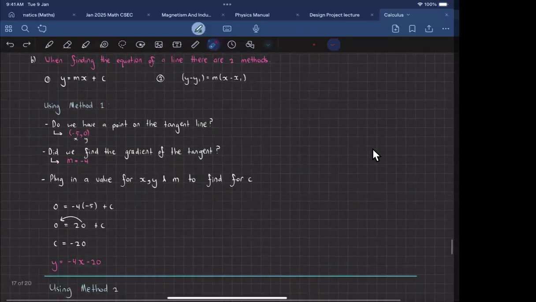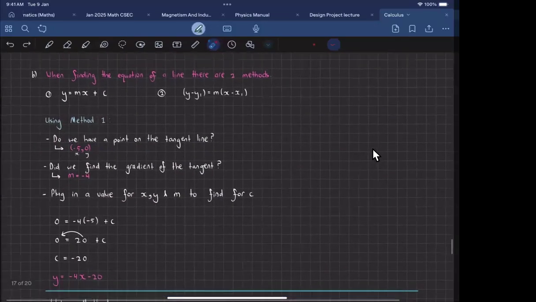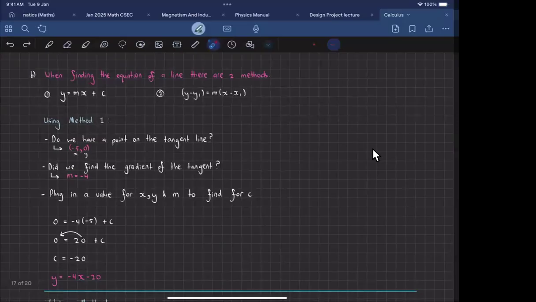So I want you all to copy this down. I'm going to do the working first, so before you copy, just pay attention to how we're going to do this.